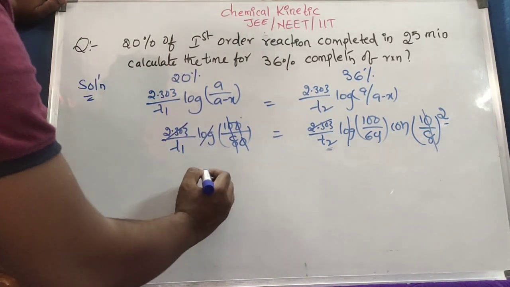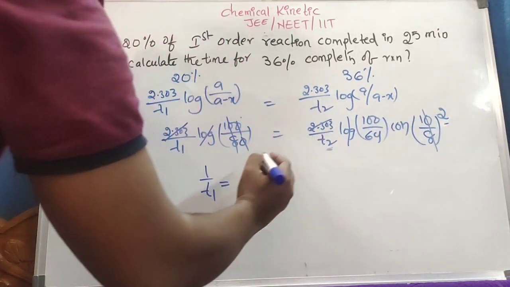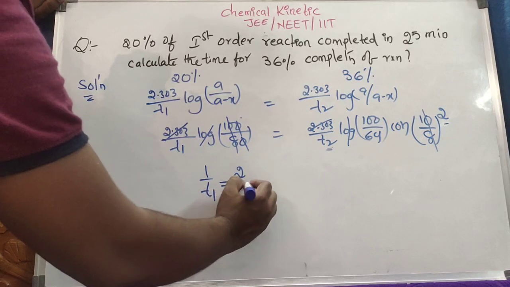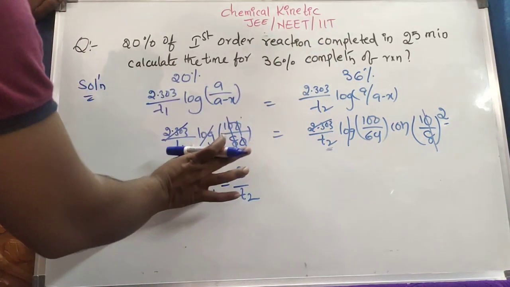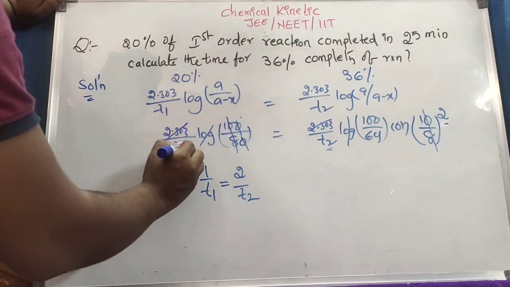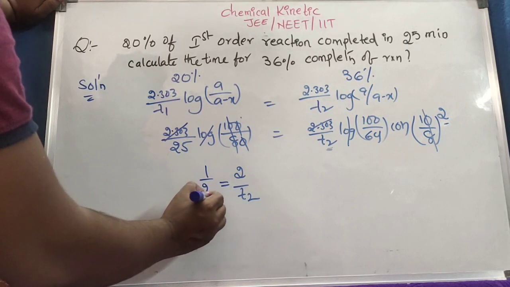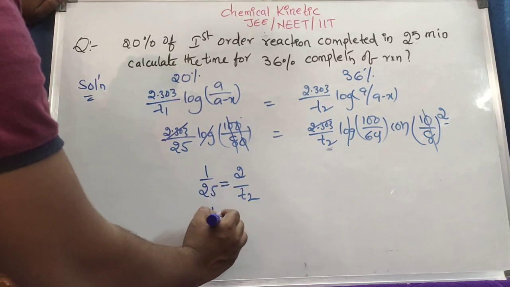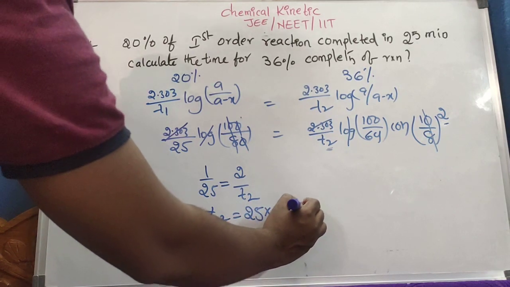Here t1 is 25 minutes. So t2 equals 25 into 2, that is 50 minutes.